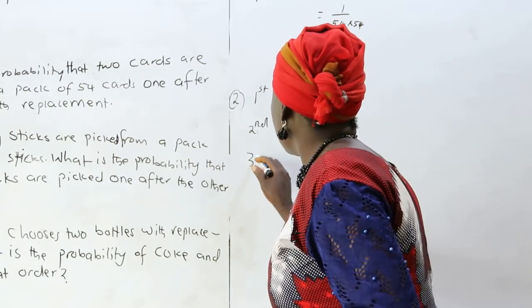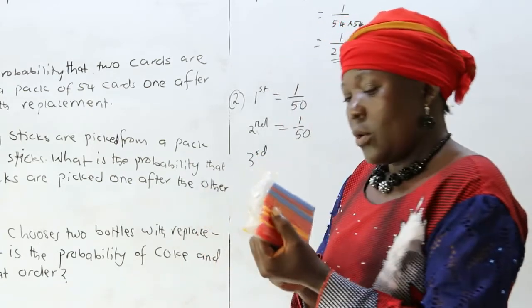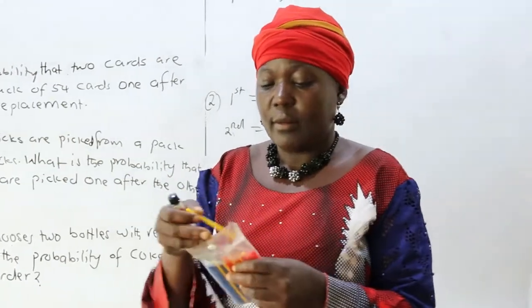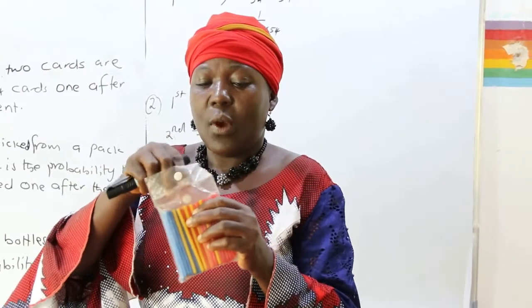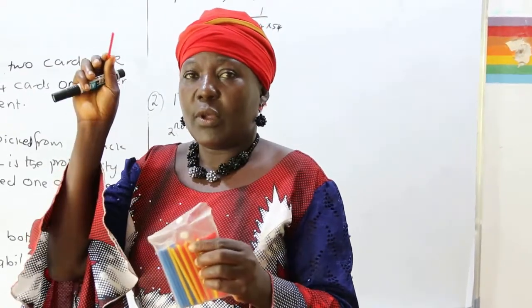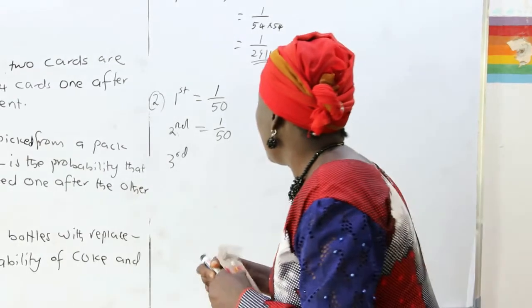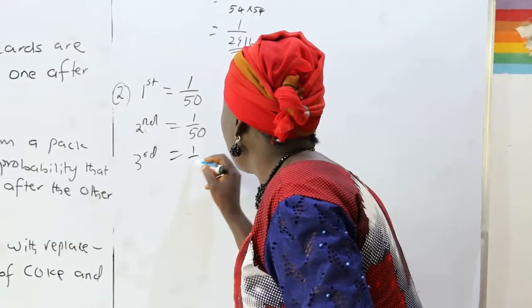Then the third picking, you have to return it back again, before picking 1 again. We have 1 over 50.